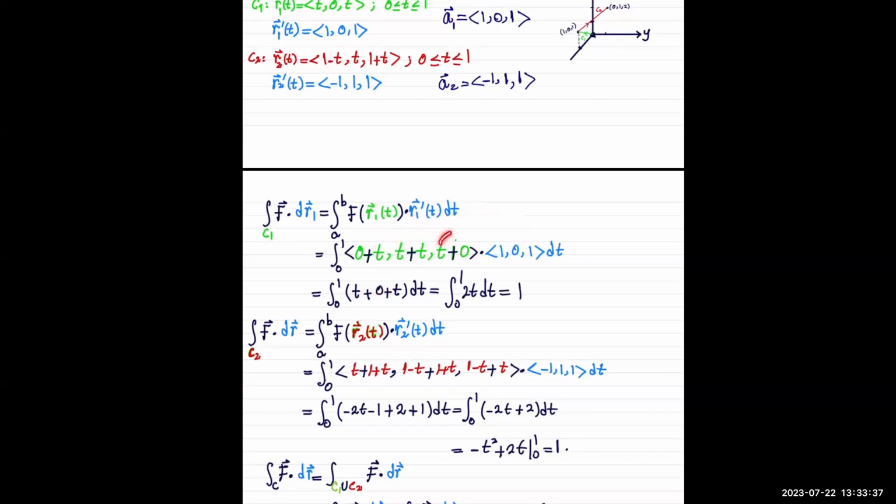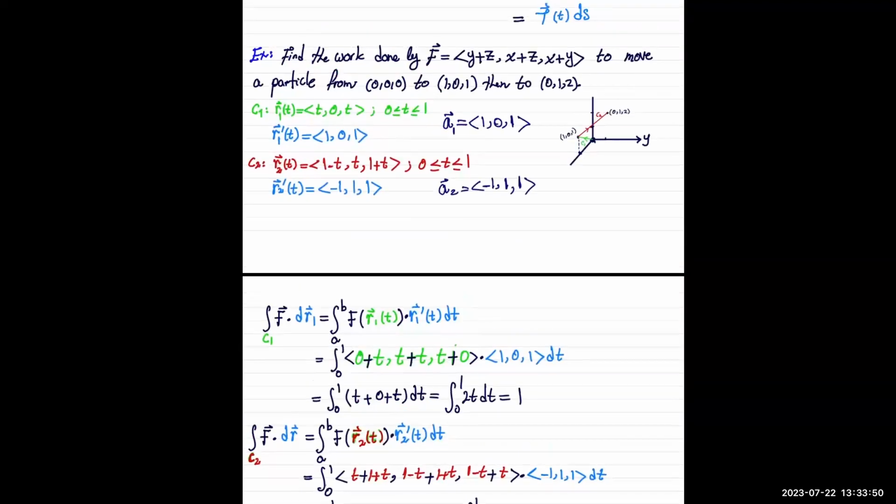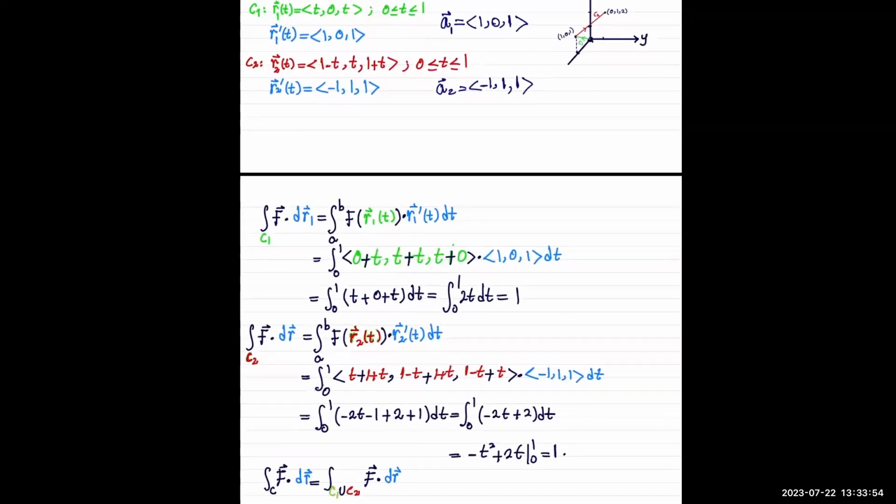T plus 0 gets multiplied with 1, so you just get t. So the integrand, with t going from 0 to 1, is the integral from 0 to 1 of 2t, and the answer is 1.